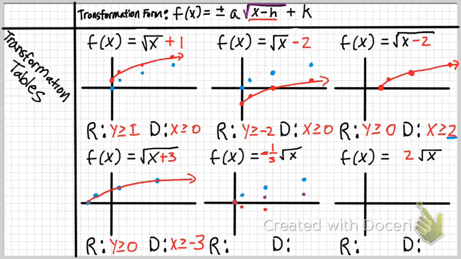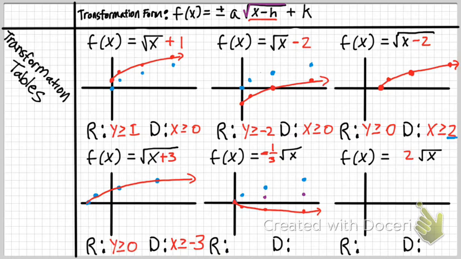But the other thing that has happened is it's been turned negative, so it's actually going to be graphed down here. So we see how this is a much more skinny graph now. It's been compressed horizontally.